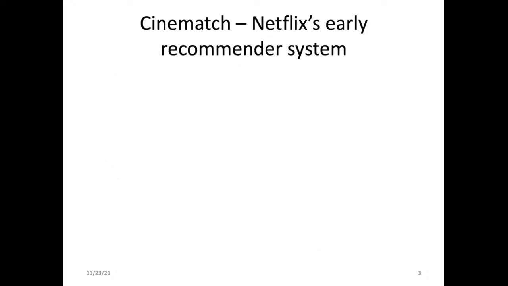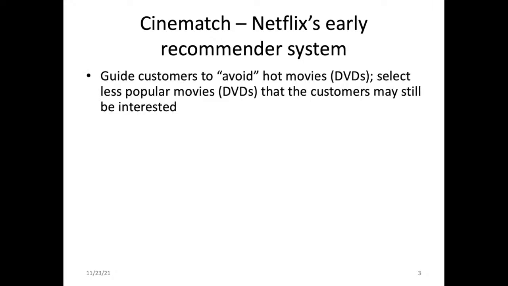And because of that, they had an in-house algorithm. They called it Cinematch. Cinematch tries to guide the customer to avoid the hot movies. They want to select the less popular movies that you may like.